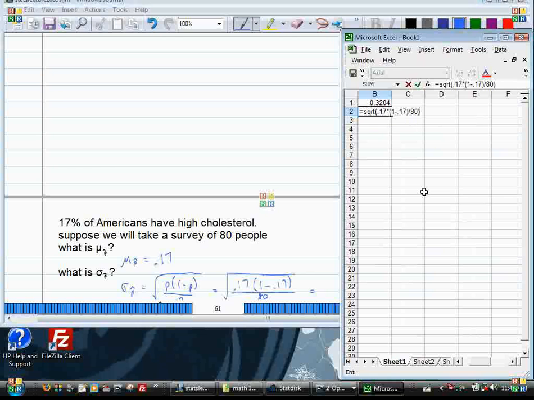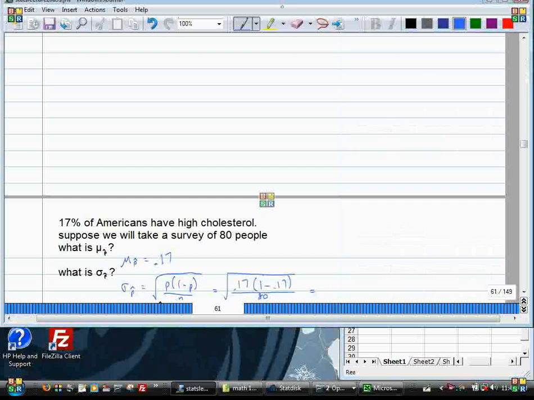Close your parenthesis, and there's your answer. Okay. So you get 0.0420. And that was SQRT, the command for square root.